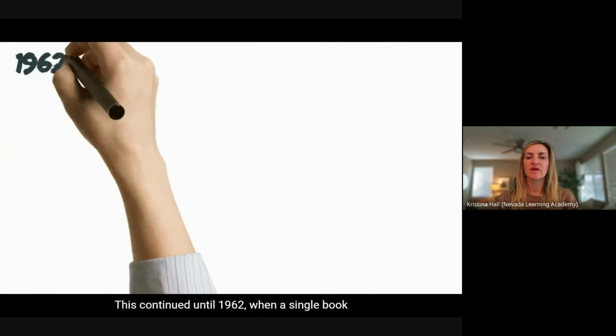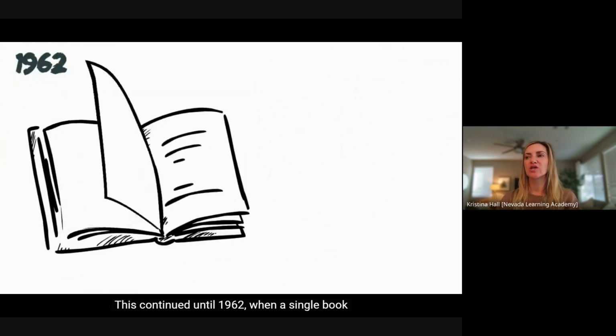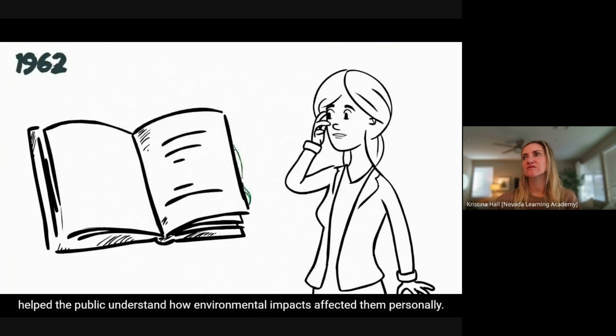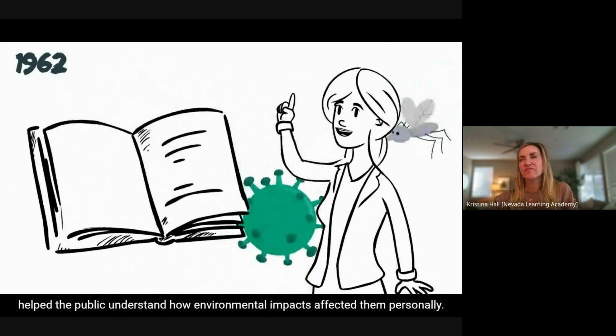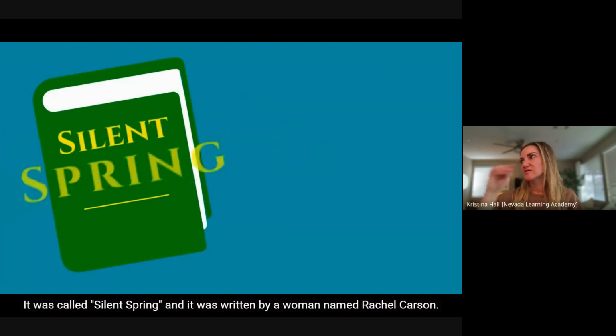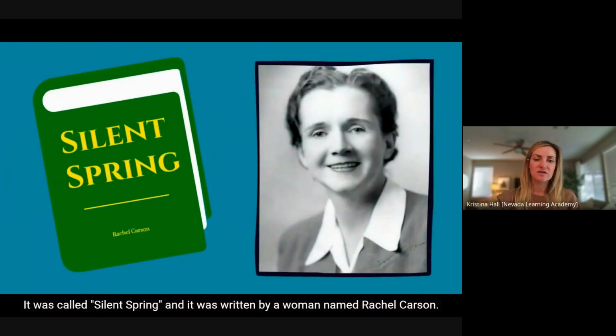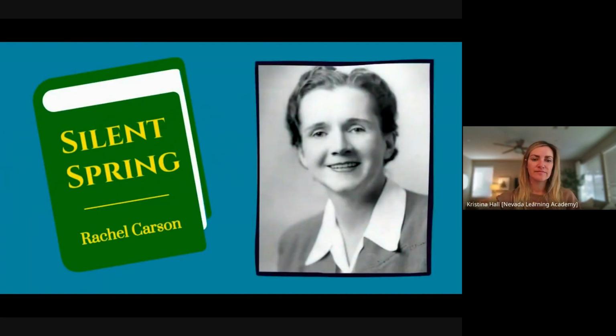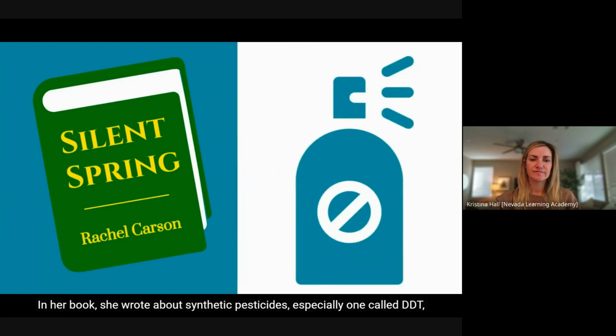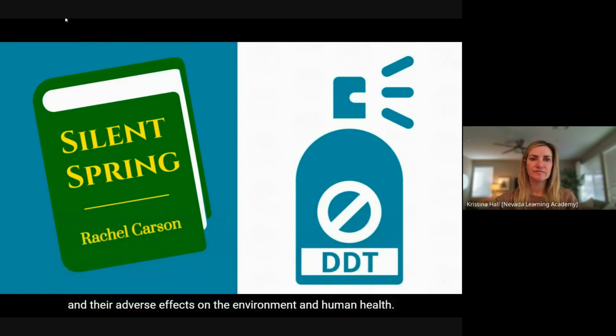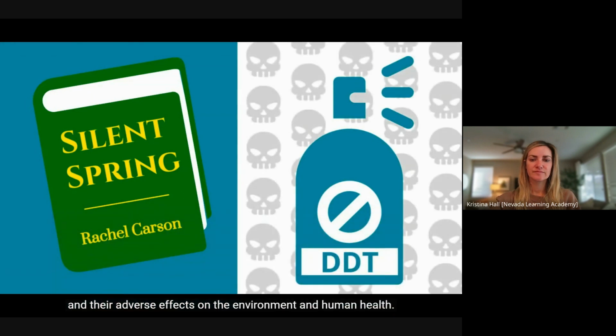This continued until 1962, when a single book helped the public understand how environmental impacts affected them personally. It was called Silent Spring, and it was written by a woman named Rachel Carson. In her book, she wrote about synthetic pesticides, especially one called DDT, and their adverse effects on the environment and human health.